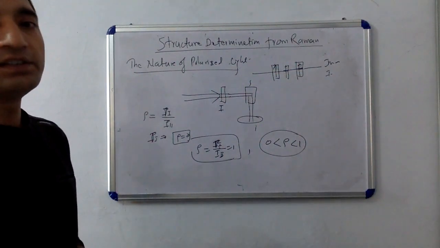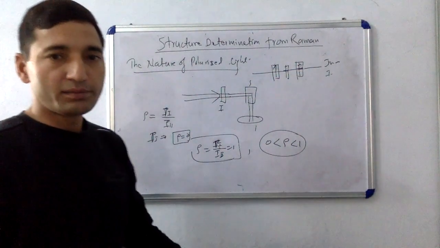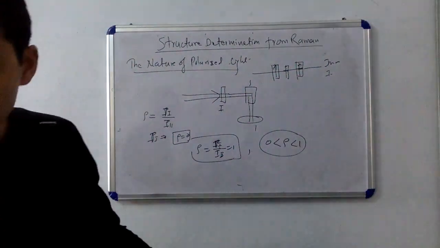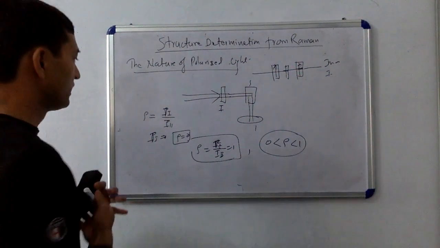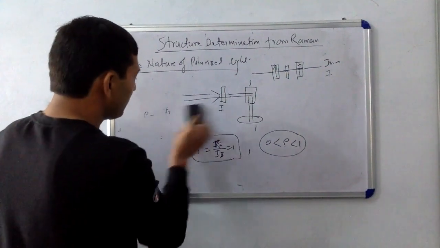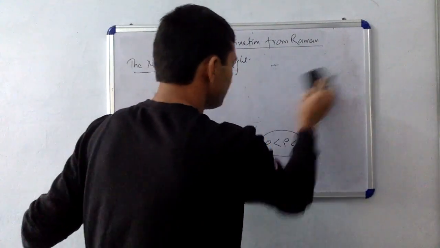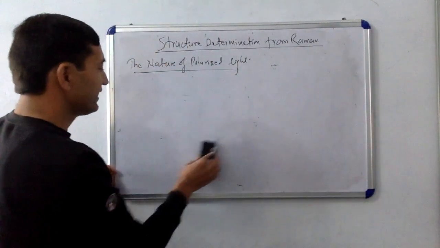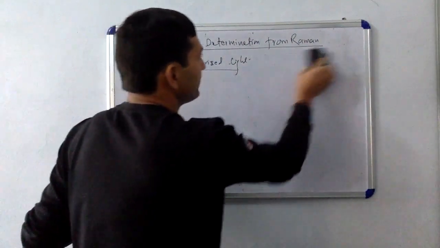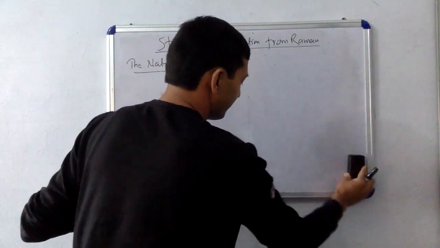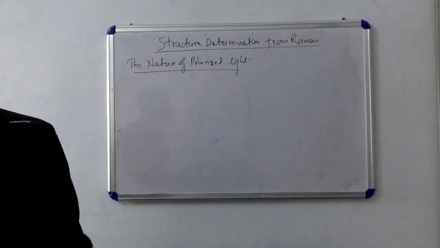So the degree of depolarization is what we use to estimate the structure of the molecule. Keep in mind how this depolarization parameter is defined; we'll see how it is helpful to find out the structure of the molecule.